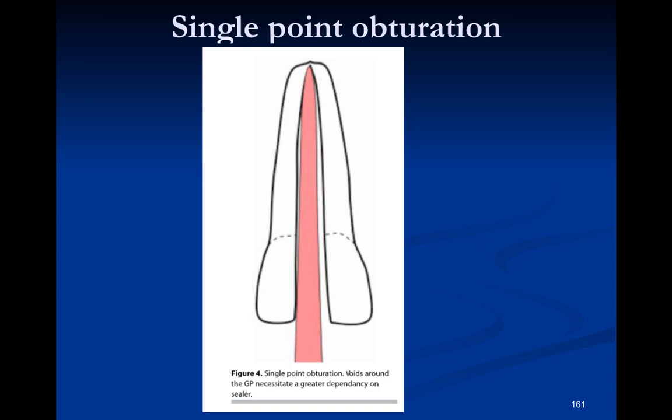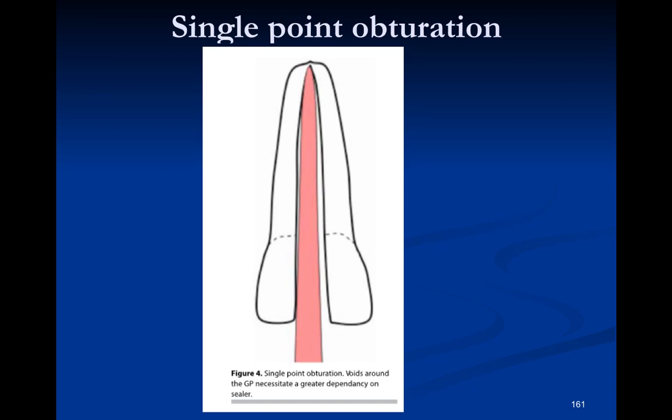In this obturation, before fixing the gutta percha, we have to fill the canal with pastes or sealers in a thick layer of sealer.